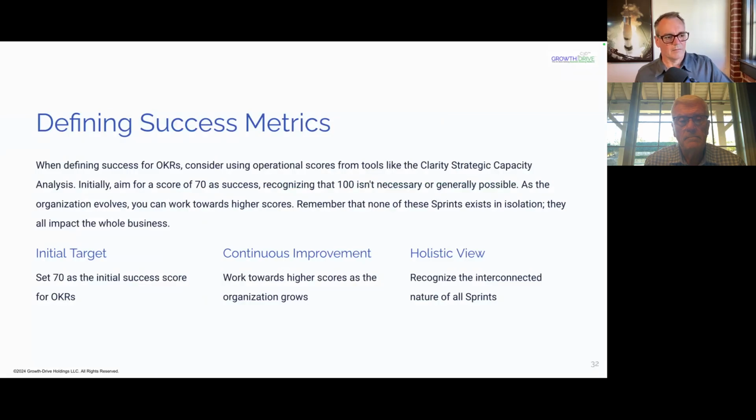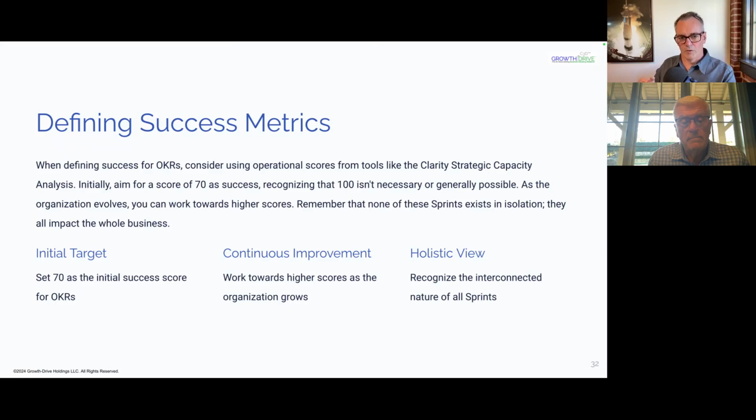So as we're doing this work, we have to define success, okay? So I'm going to keep it high level. We have scores. The Clarity software generates a score. Your initial target should be to get 70s in each of the 8 growth driving objectives. This is a process of continuous improvement. So when you build momentum, you may see that those scores as you go back and revisit with the client and adjust upwards and suggest things like, well, if you did X, we might move from partly true to best practice.